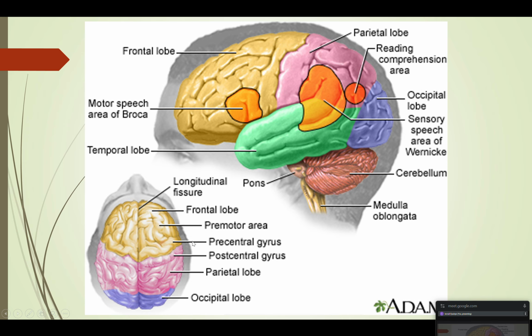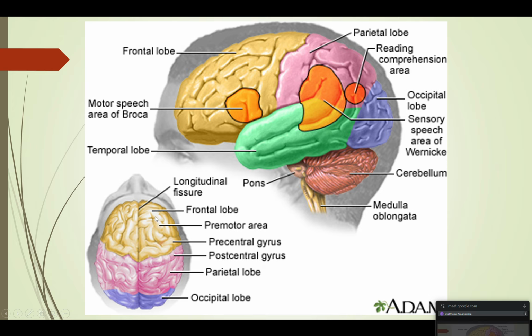And then you have them divided into lobes. The one more to the front is the frontal lobe. More in between is the parietal lobe. And then more towards the back, you have the occipital lobe. And then the one closer to the hair region, you have the temporal lobe there.